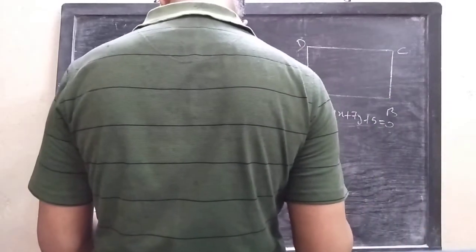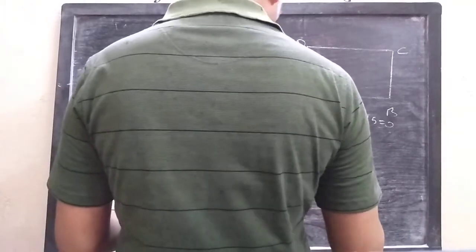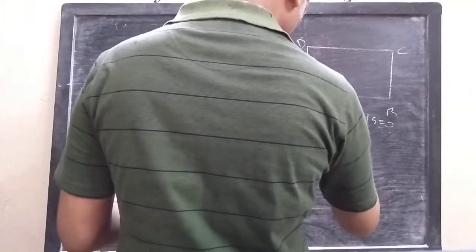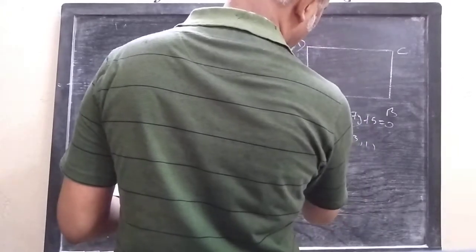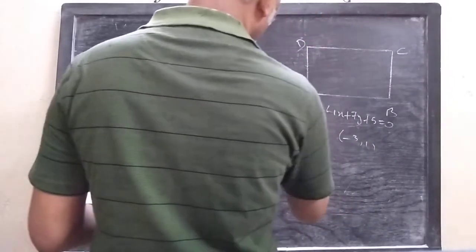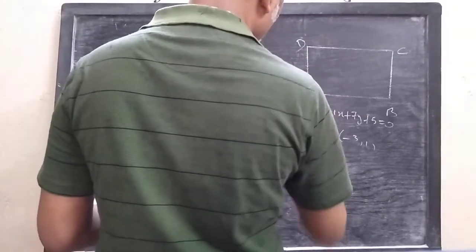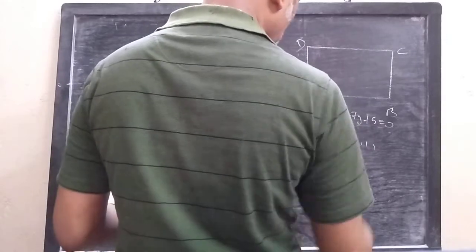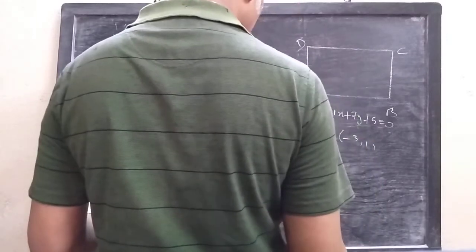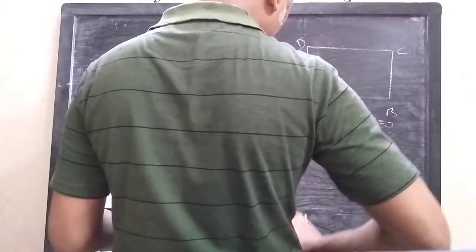Now check which one of them satisfies this line. Put minus 3, 1 here: minus 12 plus 7 plus 5 gives 0. So let us take coordinates of A to be (minus 3, 1). And the other one is (1, 1), which is not on this line.